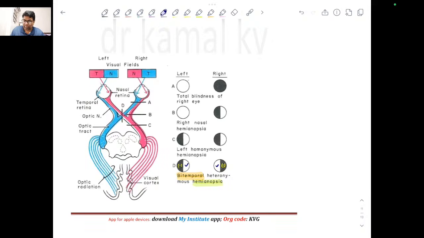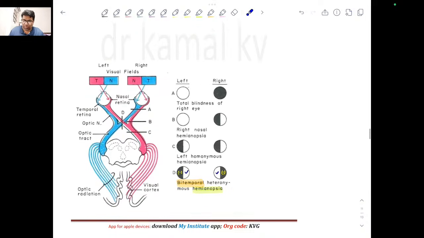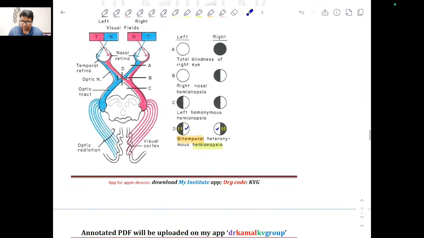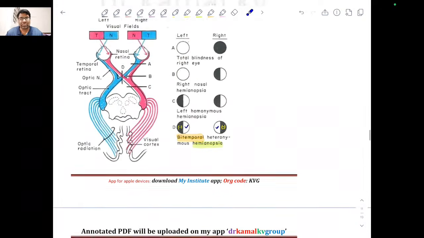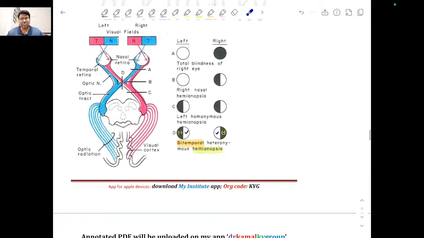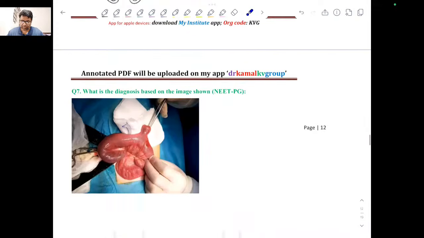So that is a classical bitemporal hemianopia, which will be seen with lesions of optic chiasma, because both sides nasal fibers will be damaged, and as the nasal fibers are carrying impulses from the temporal field of both the eyes, there will be no vision in the temporal field of both the eyes. So very important from exam point of view, and I am skipping other types for the sake of avoiding any confusion. So for the time being, bitemporal hemianopia, lesions of optic chiasma.